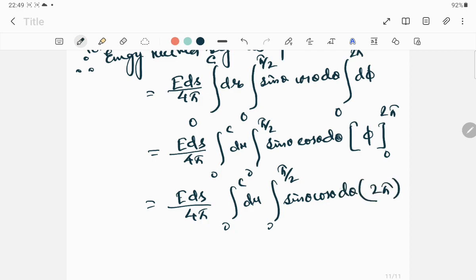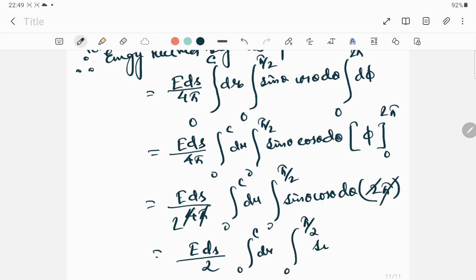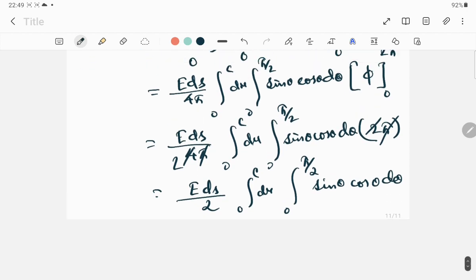Yes, pi and pi get cancelled, 2 and 2 get cancelled. So it is E ds by 2, again integral 0 to c dr, integral 0 to pi by 2 sin theta cos theta d theta.